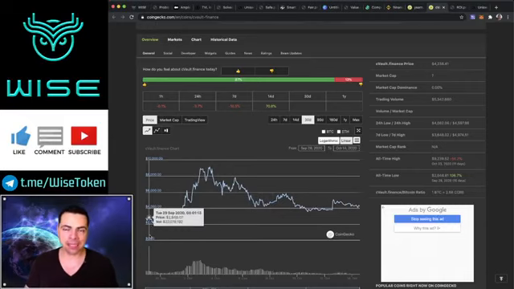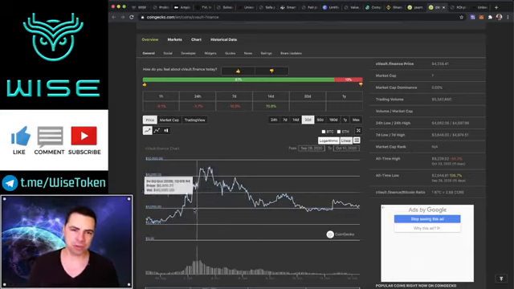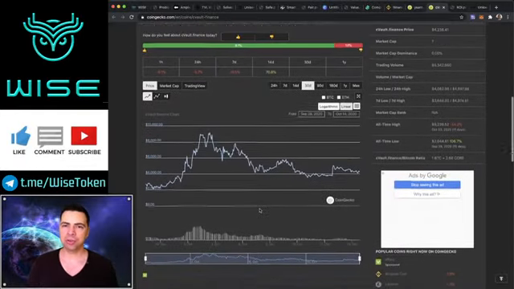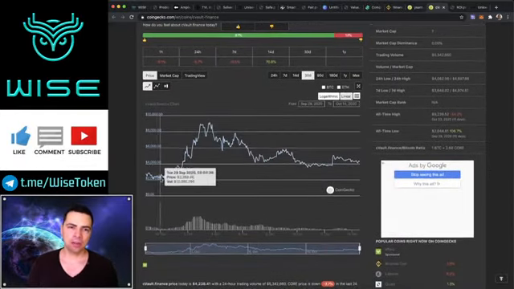I believe that we started it back in November of 2019 when we were formulating the ideas of Wise, because ever since we came up with that idea, there's only been a couple of people that have done something similar. And one of the best ones was actually CVault Finance, or the Core token. So the Core token locks liquidity.